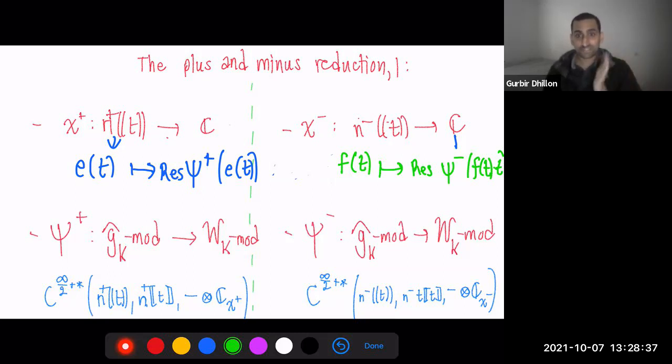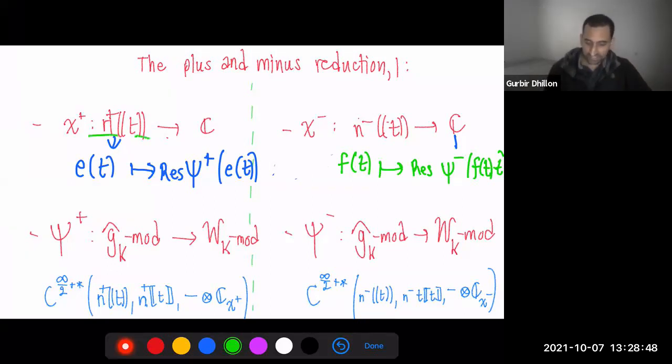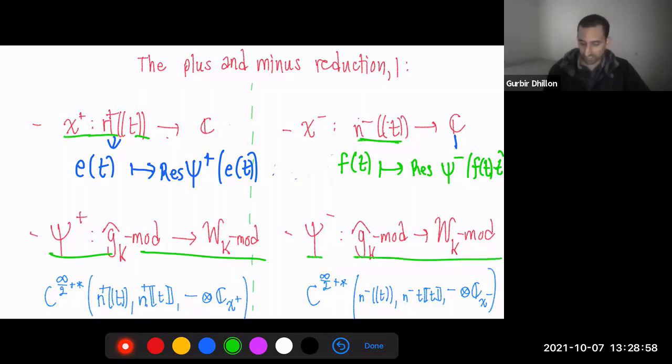On the one hand, this makes you play nicely with highest weight representations. On the other hand, it breaks the factorizability of the function. And so once you now have these two characters of loops into n and loops into n minus, the plus reduction is you gauge the raising operators with this twist, and the minus reduction is you gauge the lowering operators with this twist.